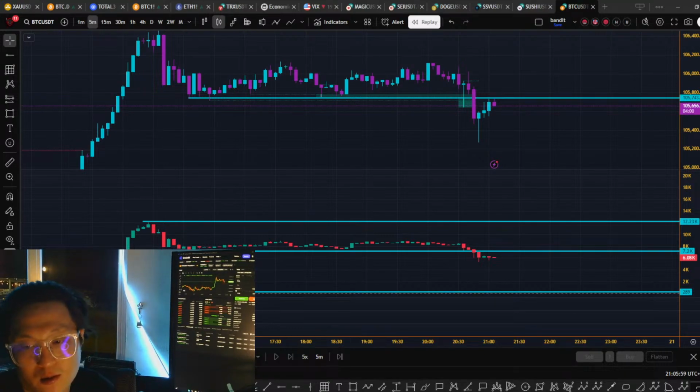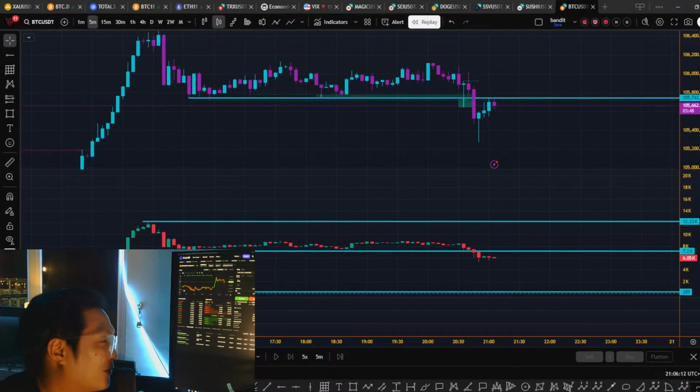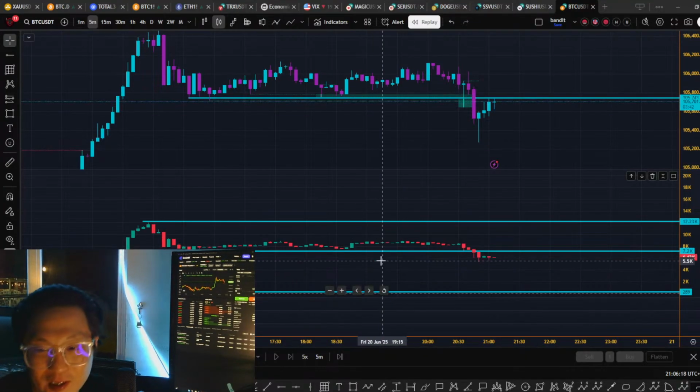Cumulative delta. I think today we're just gonna talk about cumulative delta and the fake out. I don't want to talk too much, your brain is gonna dry up if I talk about the hard stuff. Slowly, guys.